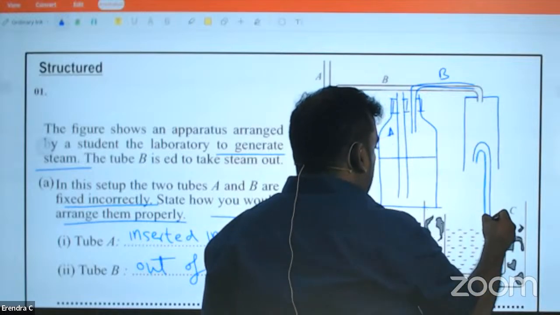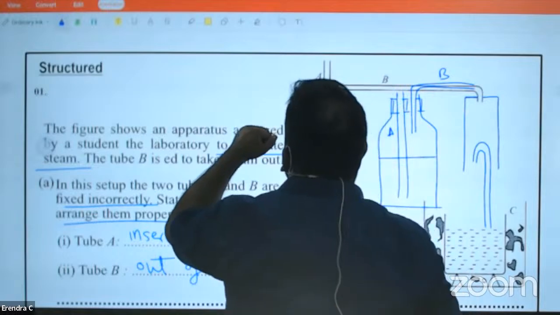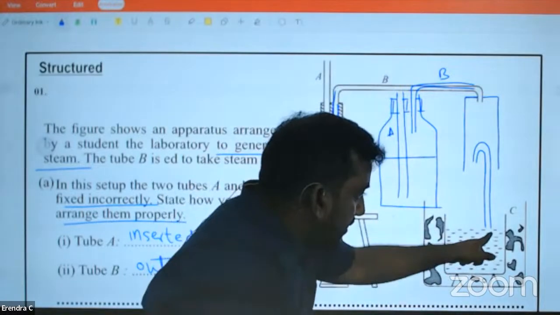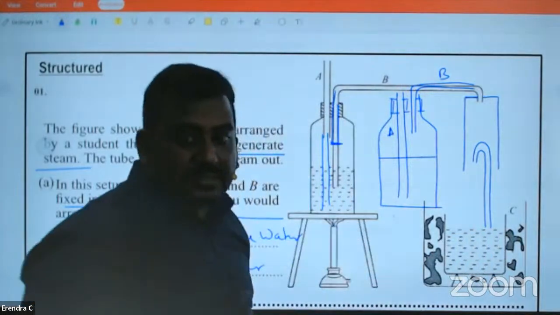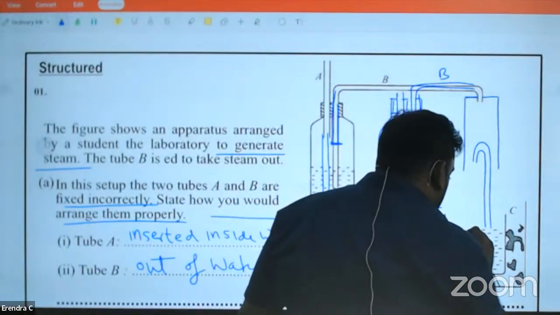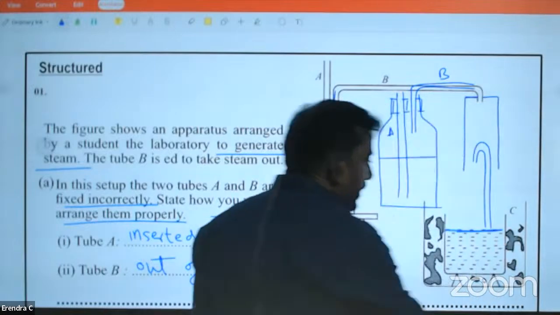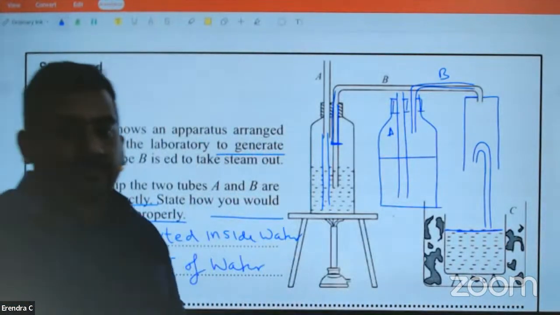The tube should be just above the water surface, not inside the water, just above. This black line is the water surface. So I will keep the tube just above the water surface.